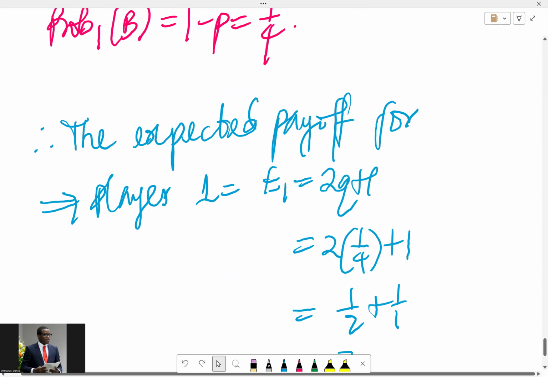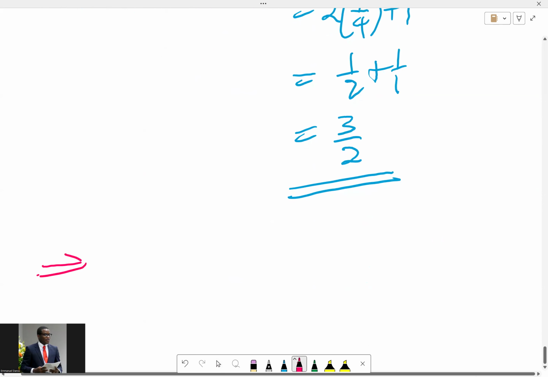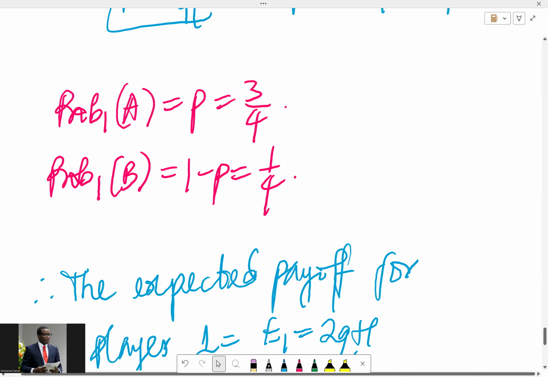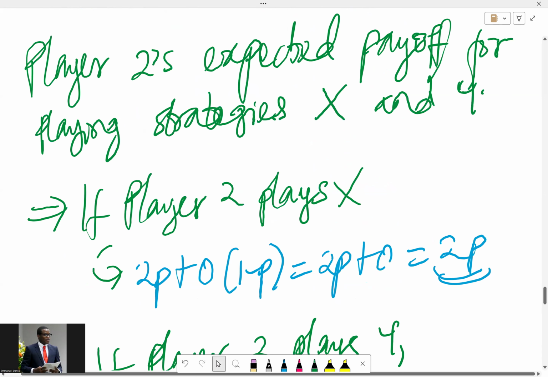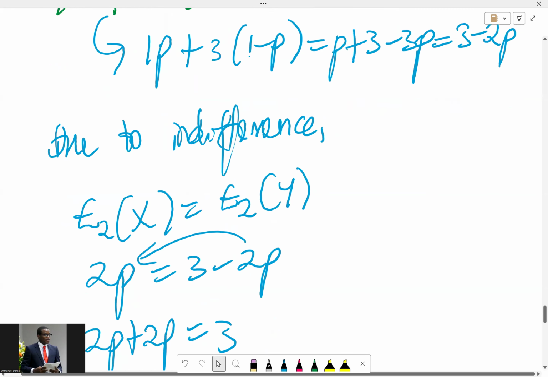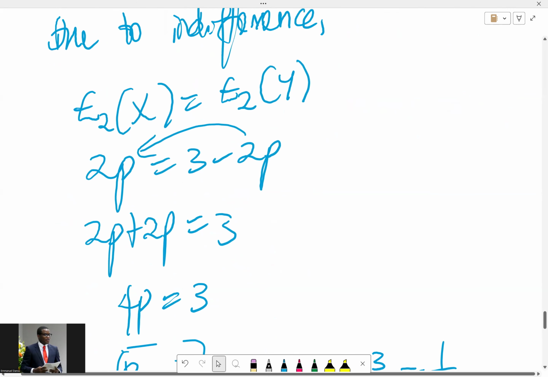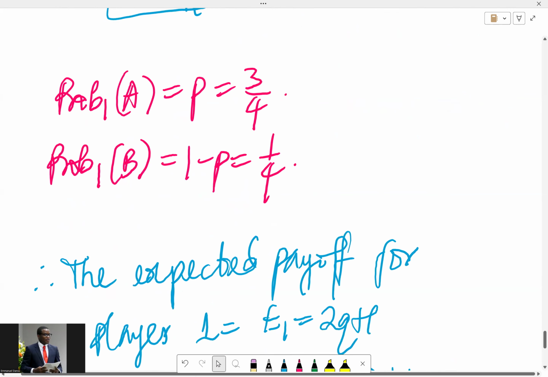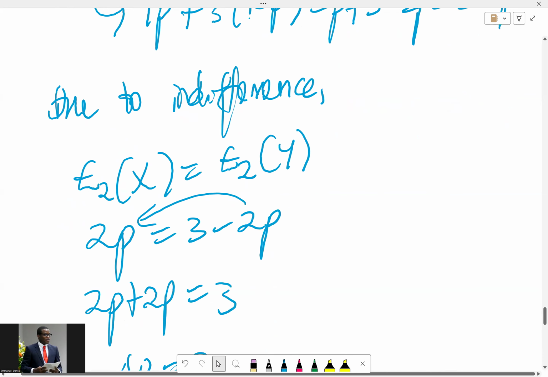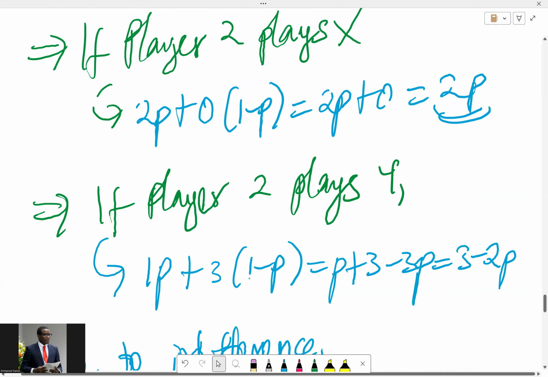Then for player two, that's either 2p or 3 minus 2p. It's the same, so we equated 2p or 3 minus 2p. Whether it's 2p or 3 minus 2p, no problems because p itself is 3/4. So that's 2 times 3/4, that's 3/2.